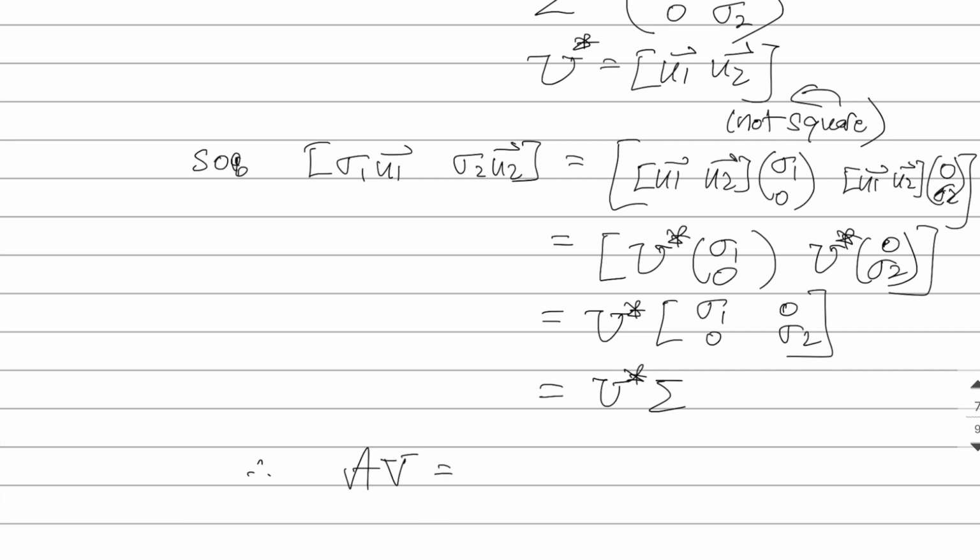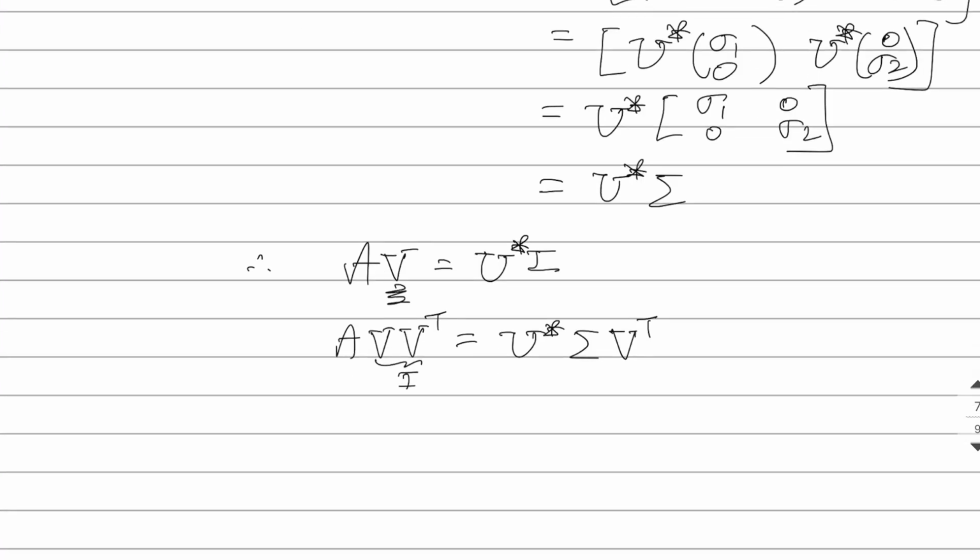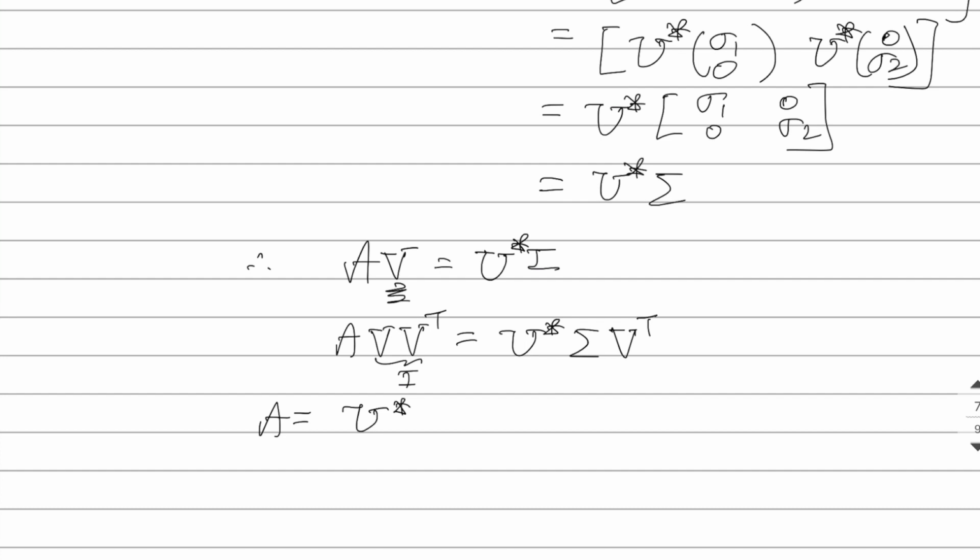AV is U star sigma. Because this is orthogonal, if I were to multiply by its inverse, which is just V transpose, and I do the same thing to both sides, I'm able to turn this into the identity, and here's what I will have. Any matrix A, the matrix A that I start with, can be rewritten in this way.